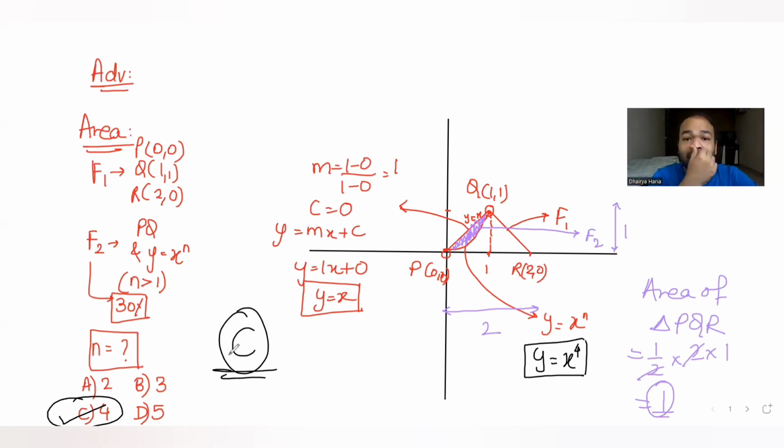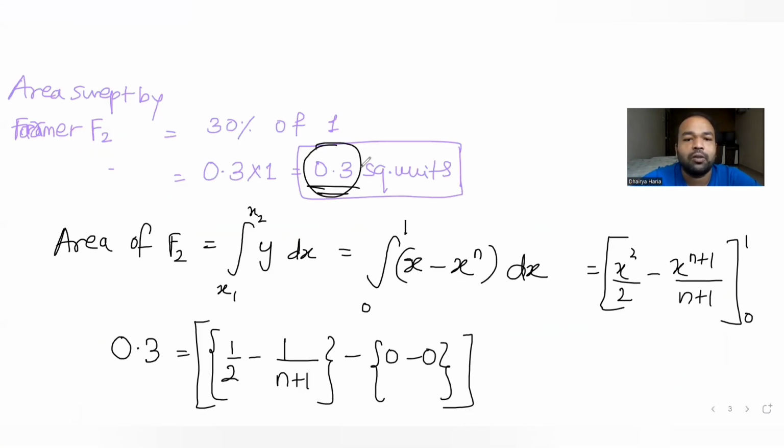I hope you have understood how to solve this type of question where areas are involved and you have to apply integrals. So in this case, we just figured out F1 and found the area of triangle F1. We have been told that F2 takes away 30% of the land of F1. Since the total area of F1 was 1 square unit, the area swept away by F2 came out to be 0.3.